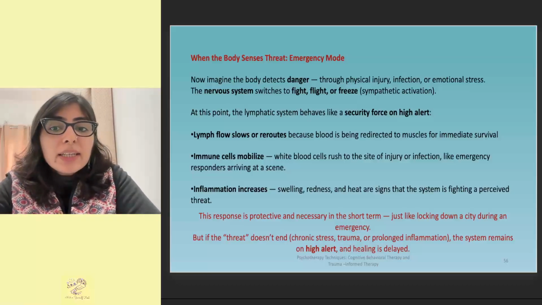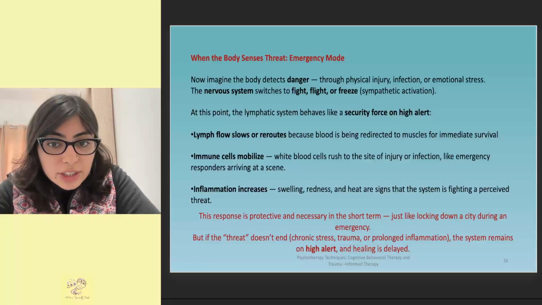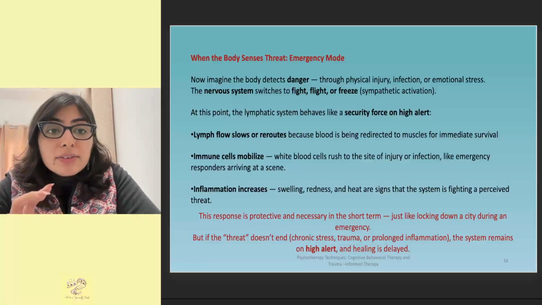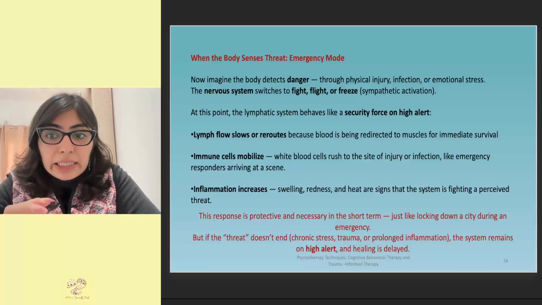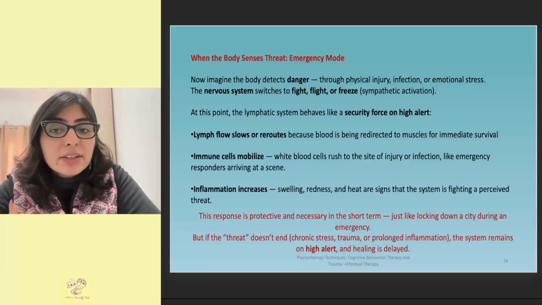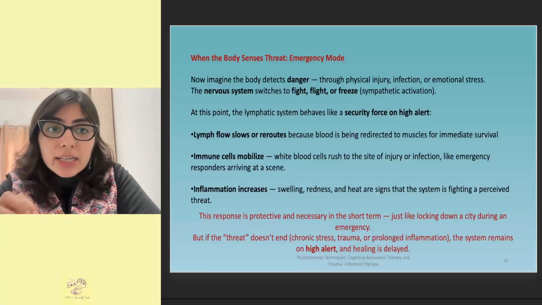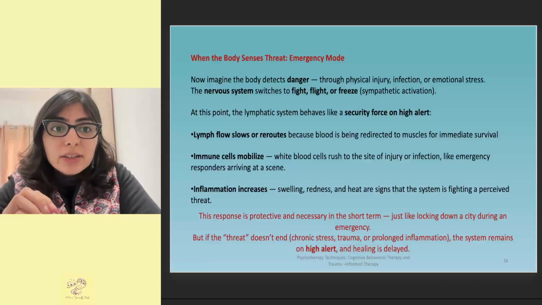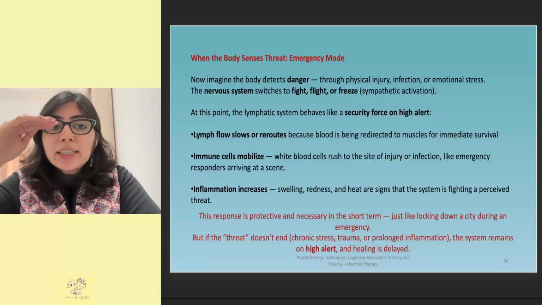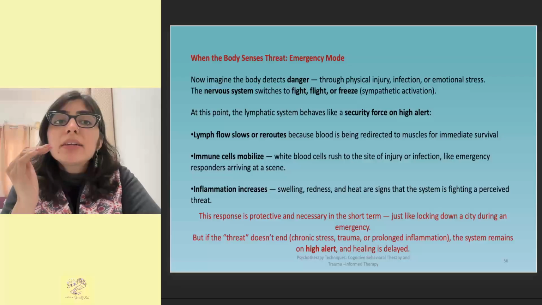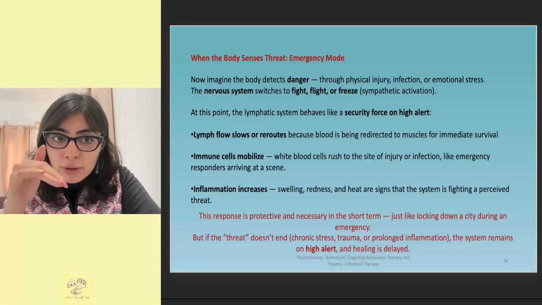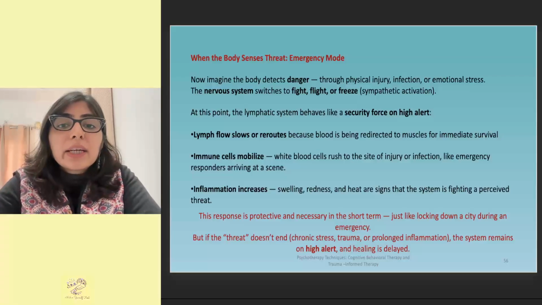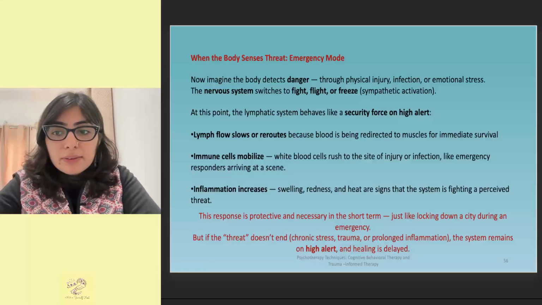And when the white blood cells rush to the site of injury or infection, there is swelling, redness, heat. Heat is generated in the body. And when the danger response is activated and it doesn't go down, when the body doesn't switch into ventral vagal or parasympathetic, the inflammation will take place.